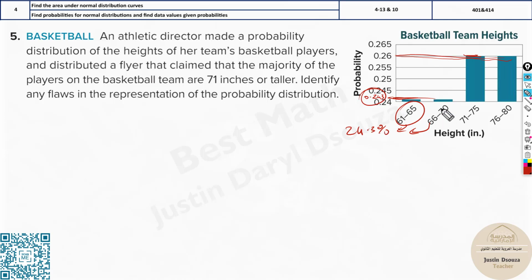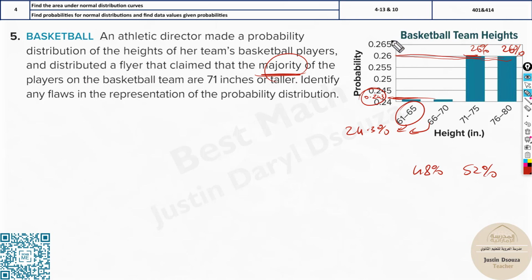About 26% are 71 to 75, and 26% are 76 to 80. So is this true? Is it a majority? No, it's just 52% who are 71 inches or more, whereas 48% are not.